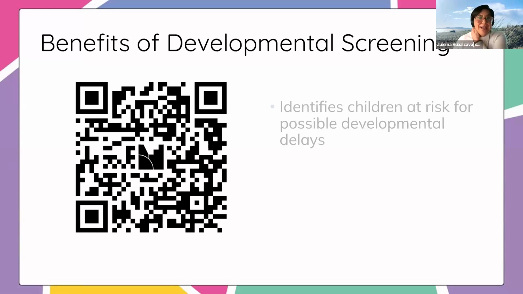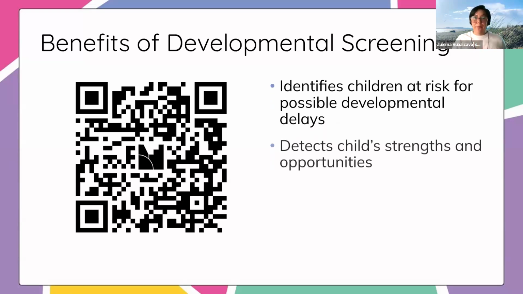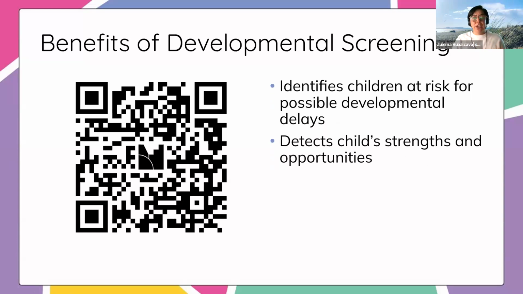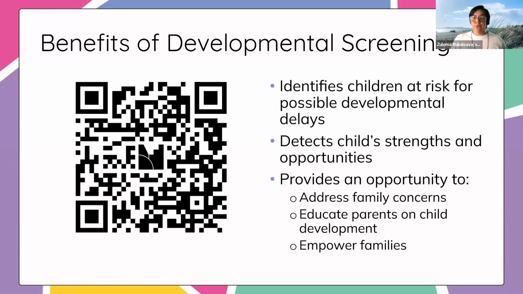So a lot of you already said it, right? It's a way to identify children who might be at risk. It also helps us learn more about a child's strengths, and where there are opportunities to practice some skills. And it's a really great way to address those concerns that families might have.